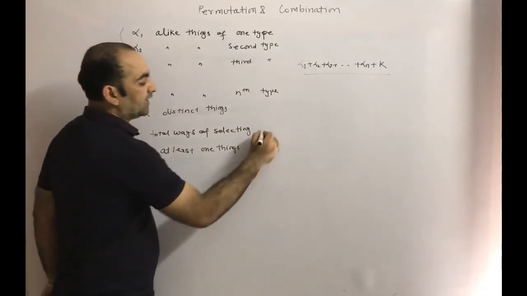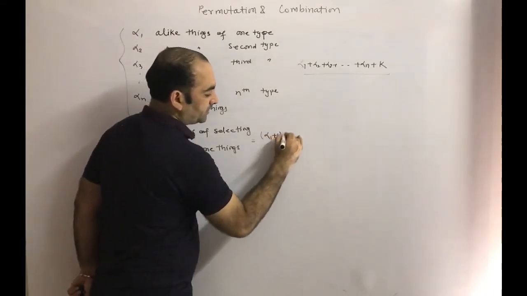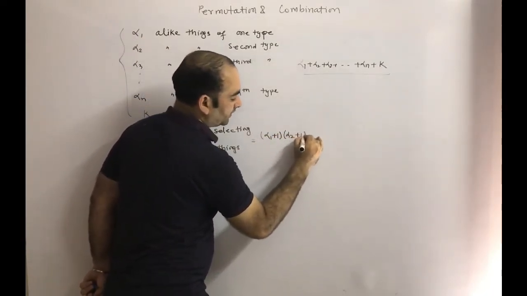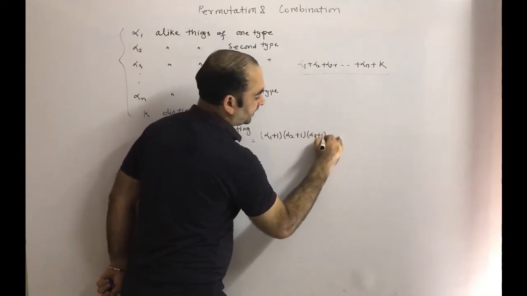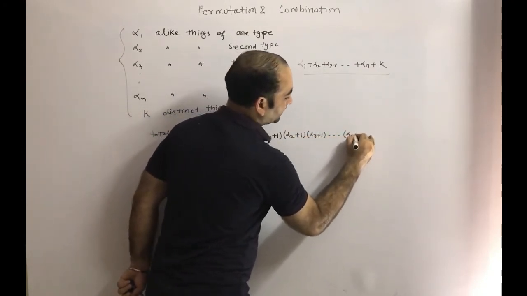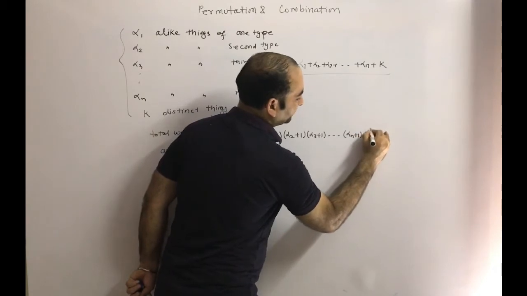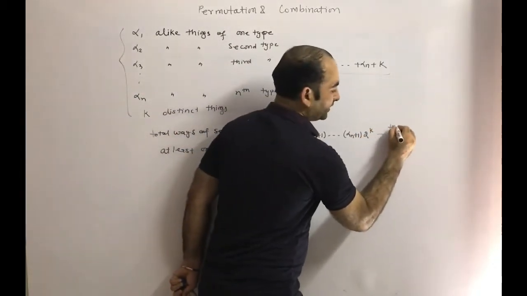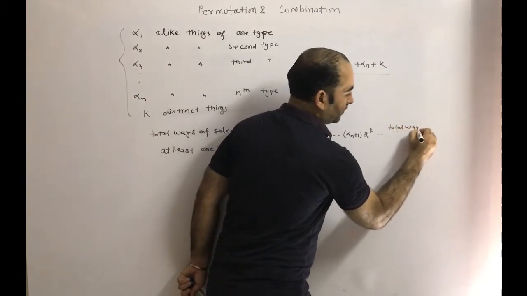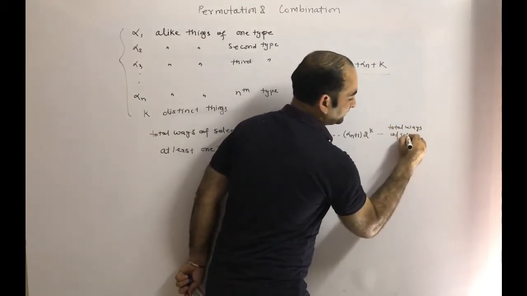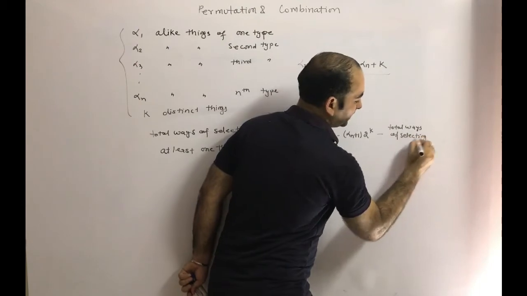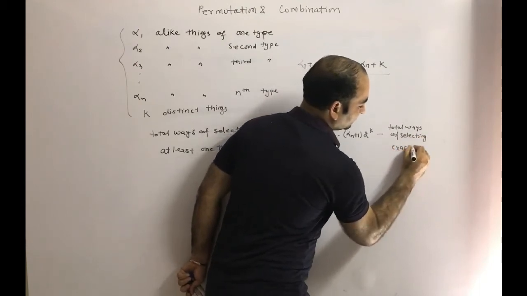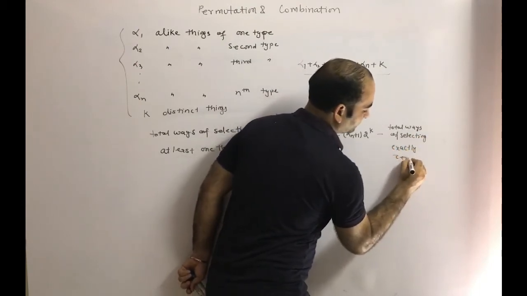So total ways is alpha 1 plus 1 into alpha 2 plus 1 into alpha 3 plus 1 and so on, alpha n plus 1 into 2 power k. From here you have to subtract total ways of selecting exactly 0 things.